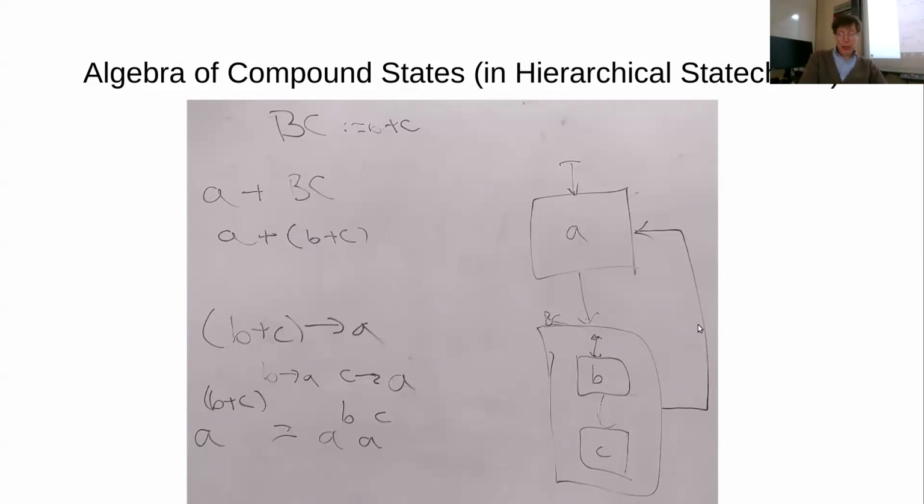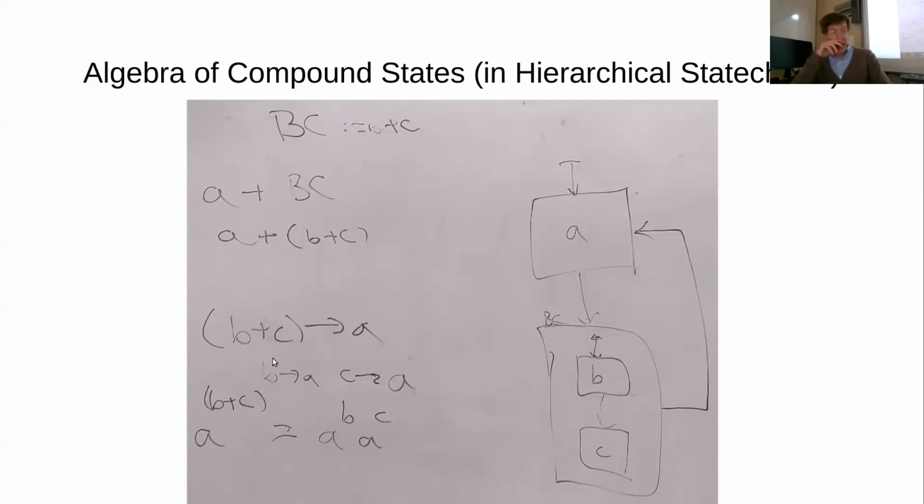Here, a transition out of this state as a whole. You remember I talked about that. You can have transitions out from particular substates or from the state as a whole, the compound state. If it's a transition out from the compound state as a whole, then it's coming out from B plus C to A. Now, this is not going to speak to some people here, but it will speak to some in the room.